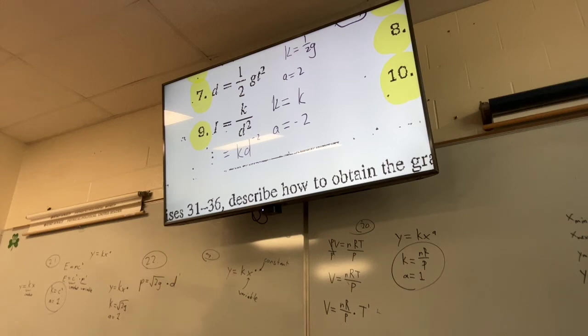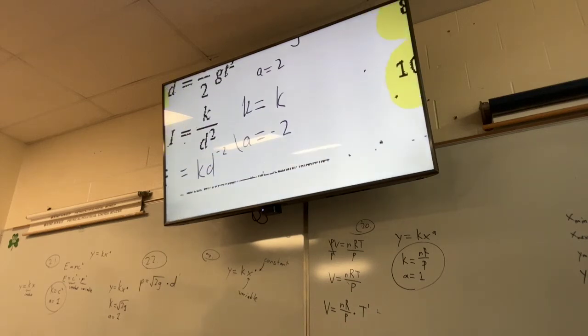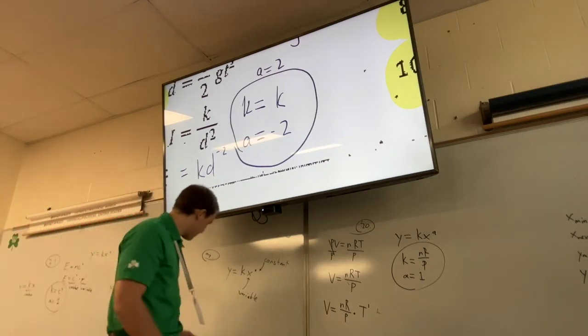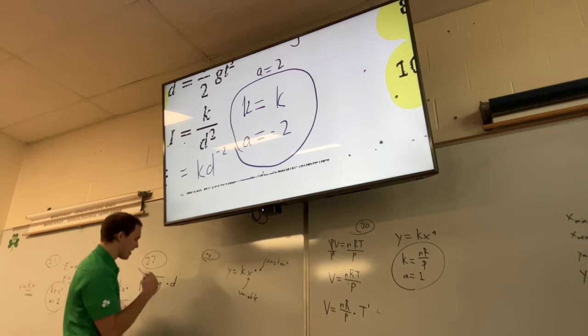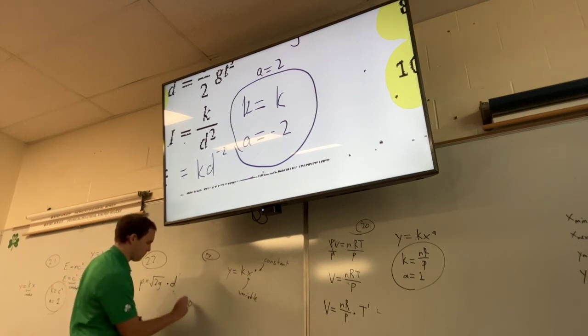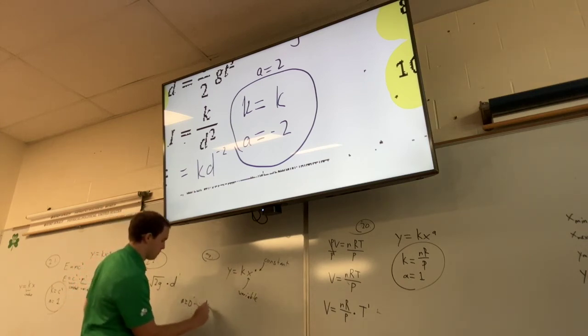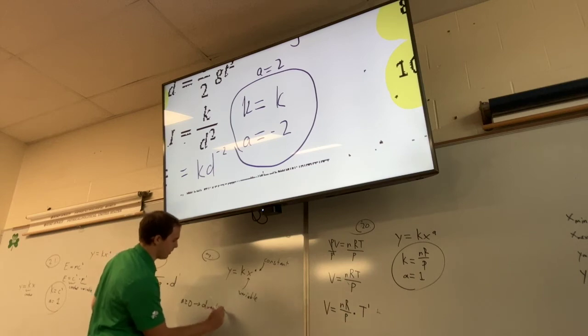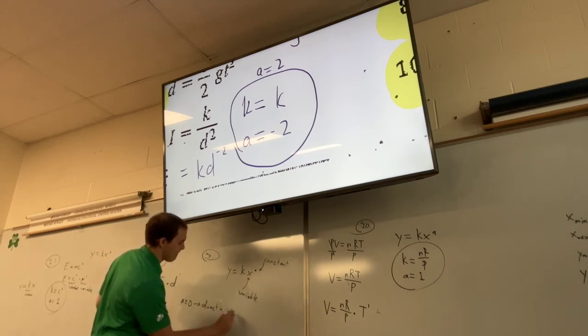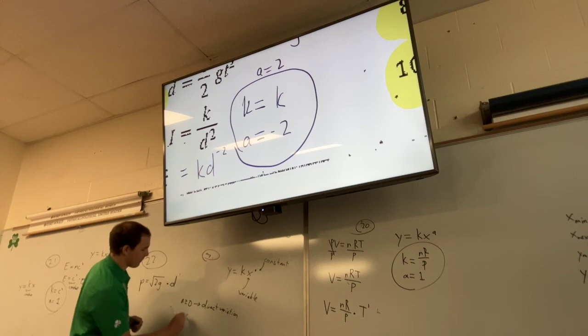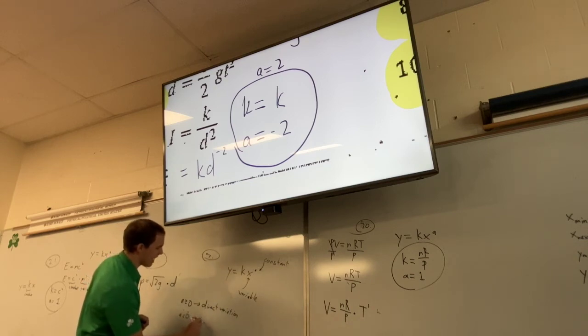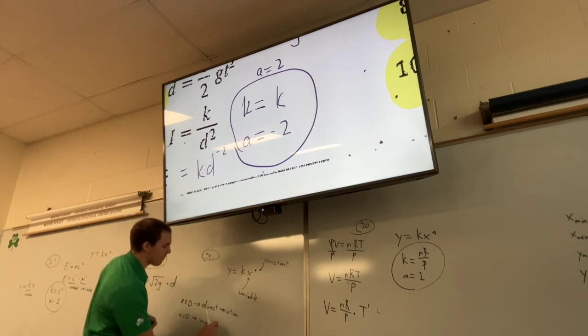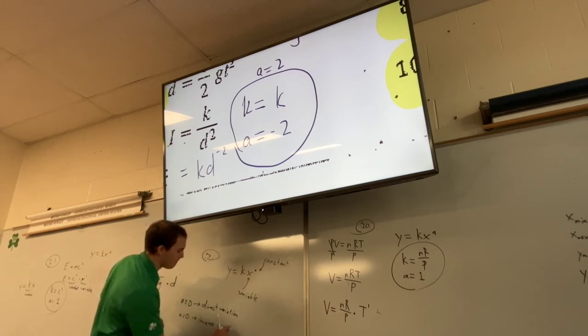Okay. Now, what I want to say here, guys, I just realized a better way of explaining this. When a is greater than or equal to 0, you're going to have direct variation. When a is less than 0, you're going to have inverse variation, because a negative exponent means that our variable's in the denominator.